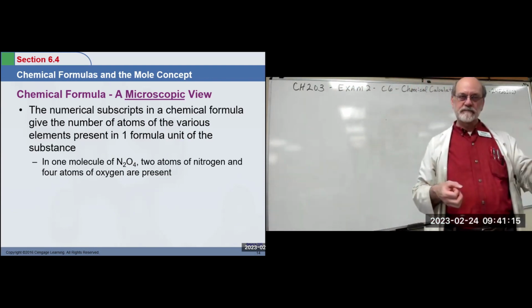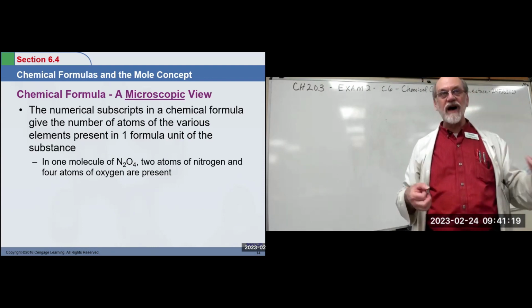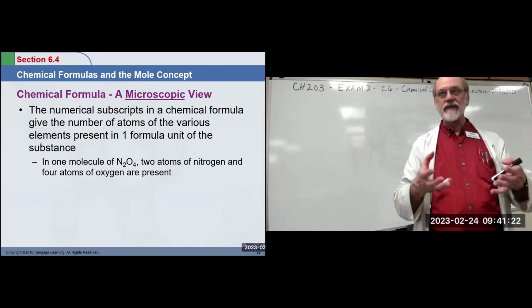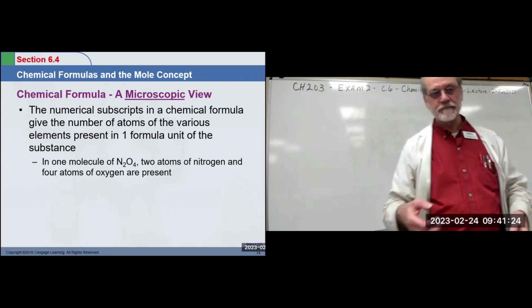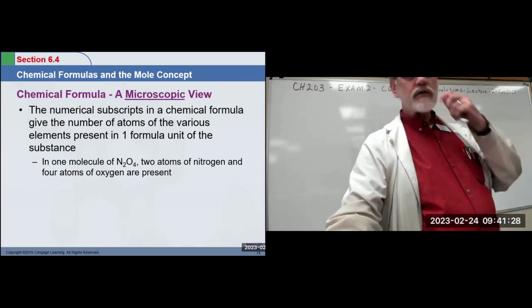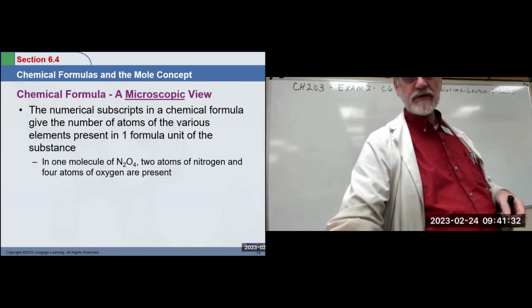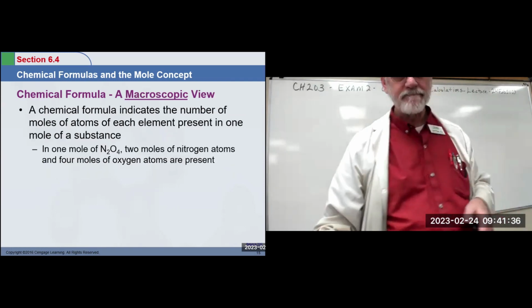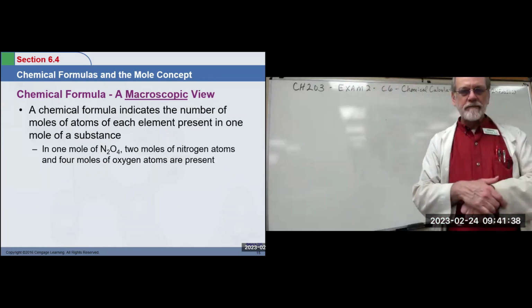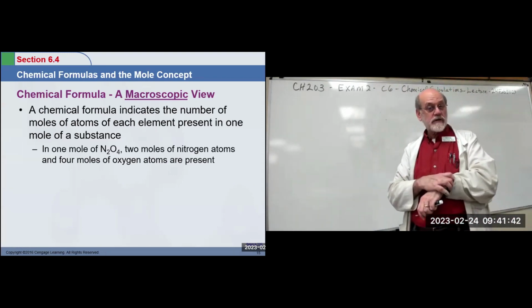If it's an ionic compound, we're saying that's the simplest whole number ratio of ions in the compound. So in this case, we have N2O4, 2 nitrogens and 4 oxygens are present in that formula unit. That was the microscopic view.